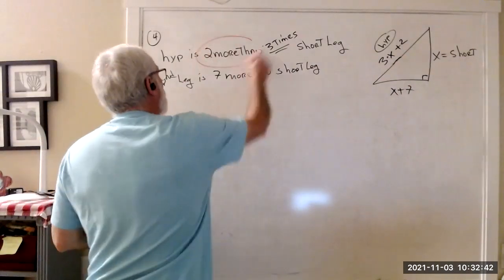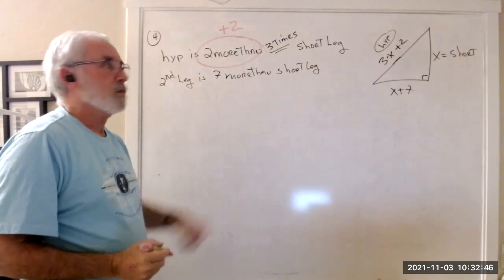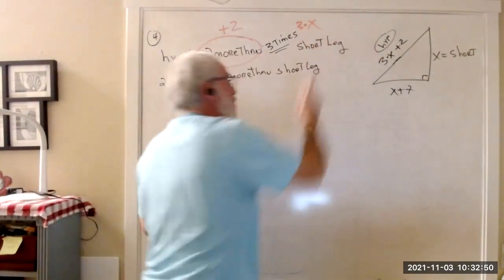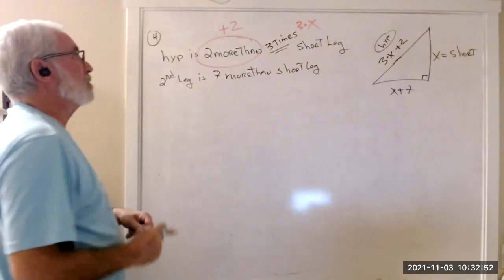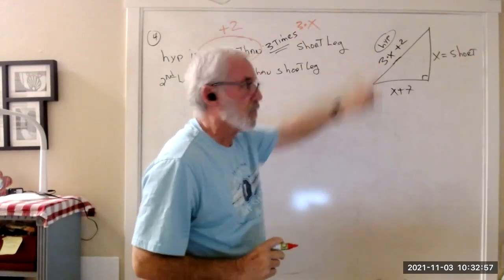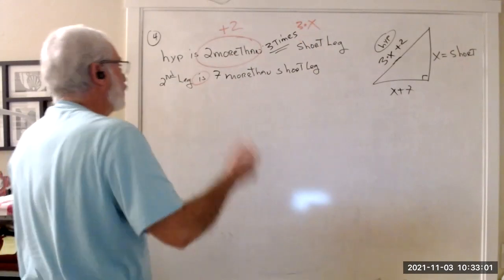More than means add 2. 3 times means 3 times the short leg, which was x. That's how we translated it. So that's how I got the hypotenuse here. It said the second leg is, remember, is your equal sign.